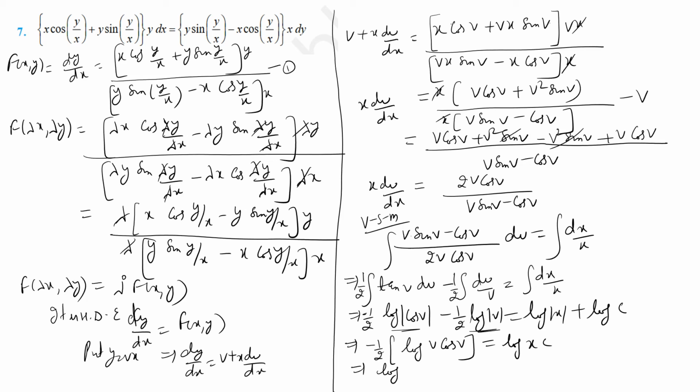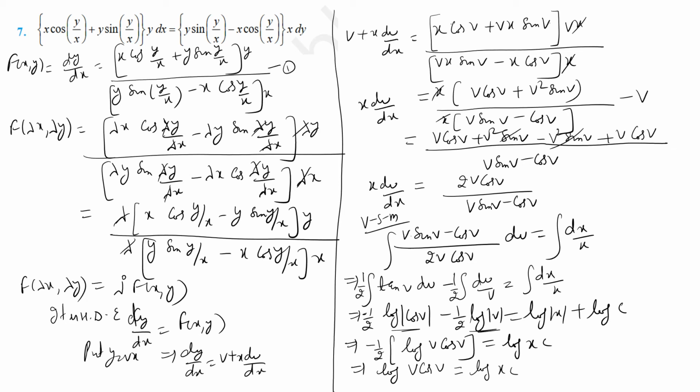So after taking anti-log, before taking anti-log, I just need to shift this to the side, because I have to settle this negative sign also. So this becomes log of v cos v, this is equal to, I can shift it here, log xc raised to power, because 2 will go to that side and the negative sign also I will shift.